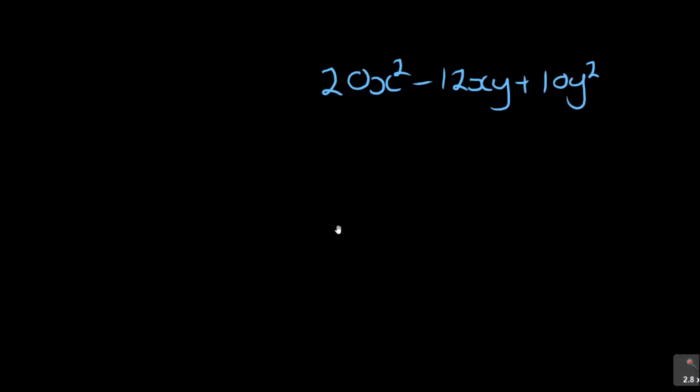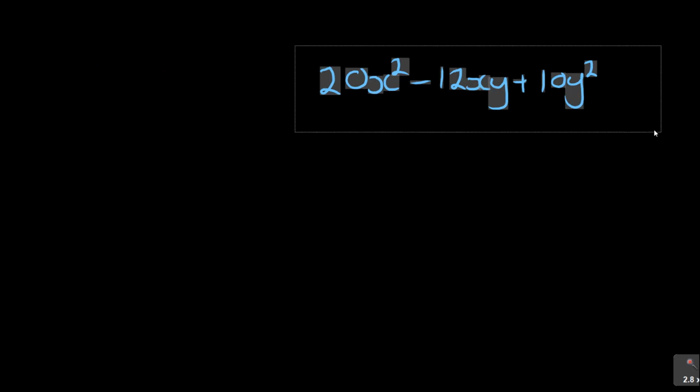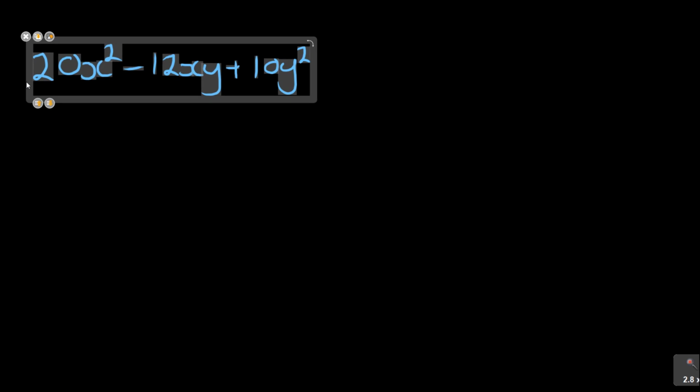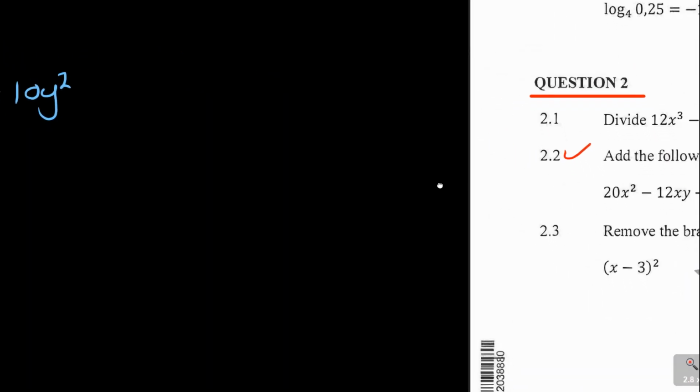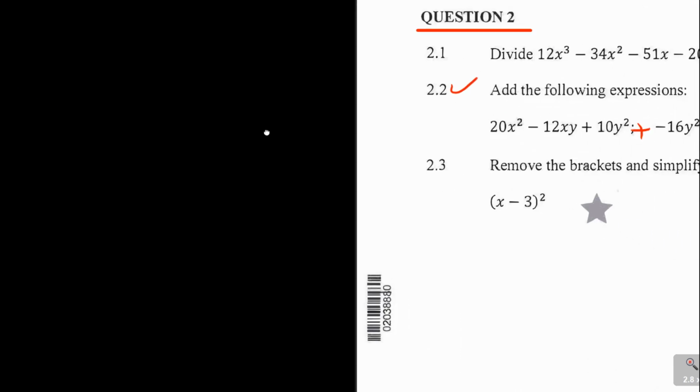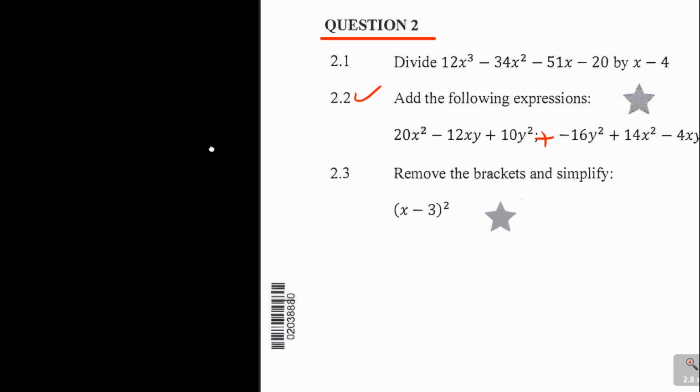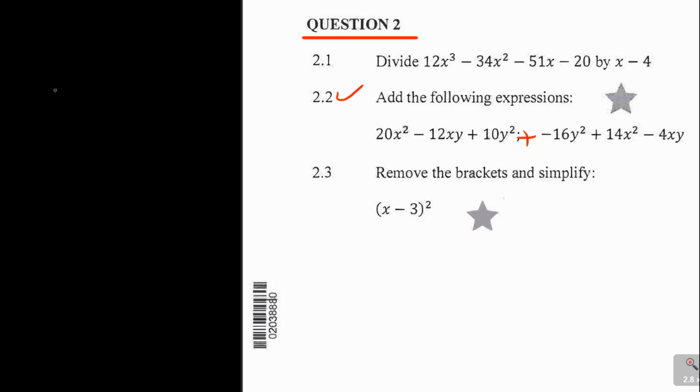They're saying take that. You've got this, and they say add what? You're going to say plus, let me first write it down. You have got minus 16y squared plus 14x squared minus 4xy.